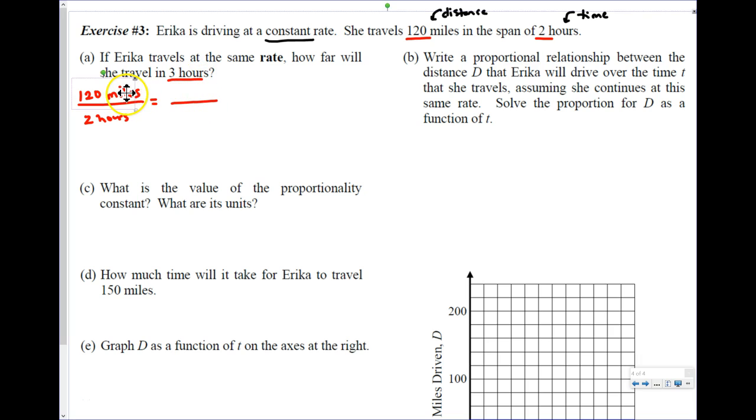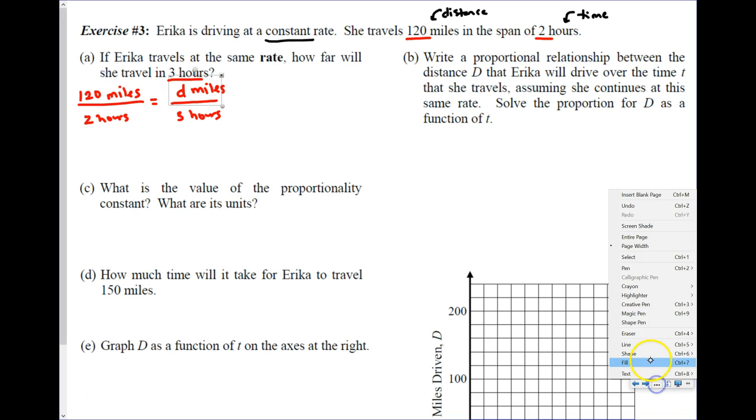Well, what's on top? Miles. What's on bottom? Hours. So I want to match that, so I'm going to put the 3 on the bottom to match. That's the trickiest part about proportions, is knowing where to put your numbers. Always match it up. The top goes on tops and the bottoms go on the bottoms. That leaves the fact that I have this unknown distance that I'm going to label D for distance. And it's in miles. Okay?